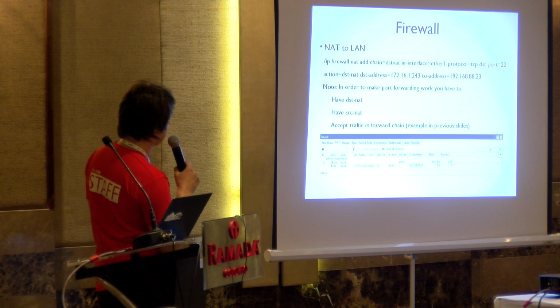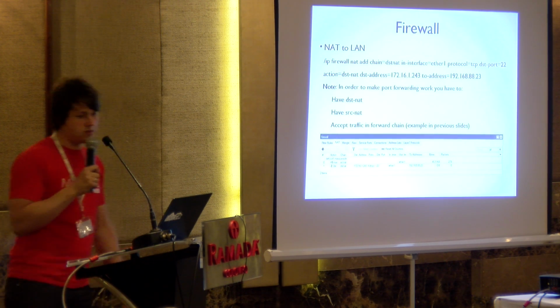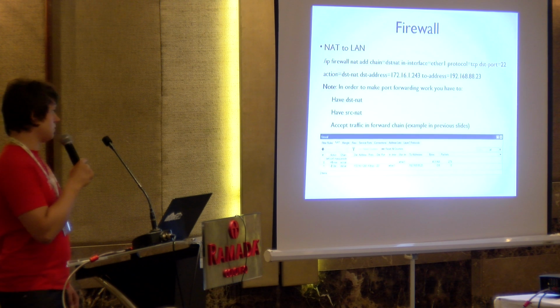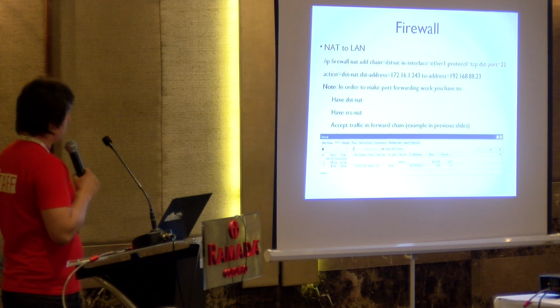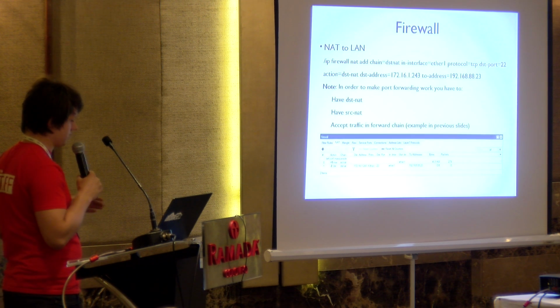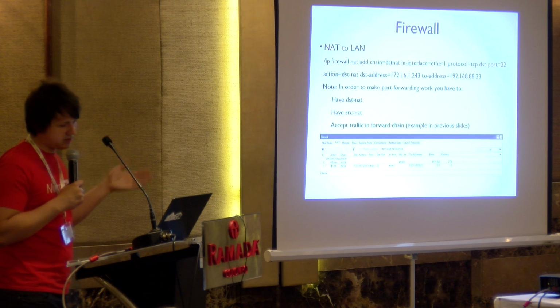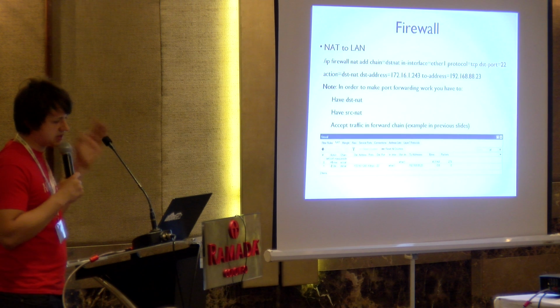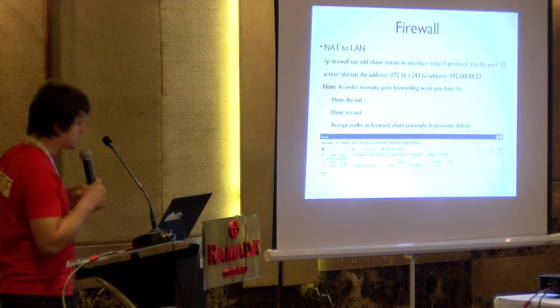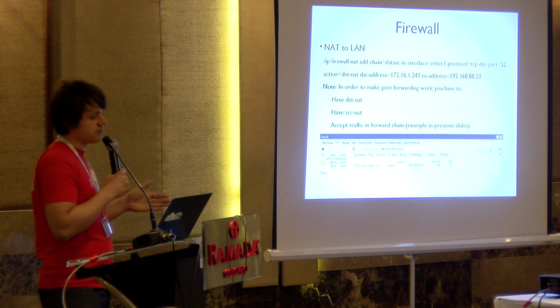One would be the destination NAT, which is responsible for changing the packet destination address. So when I request this IP address from your router from the public side, the destination NAT would change the IP address and it would be sent directly to the server.